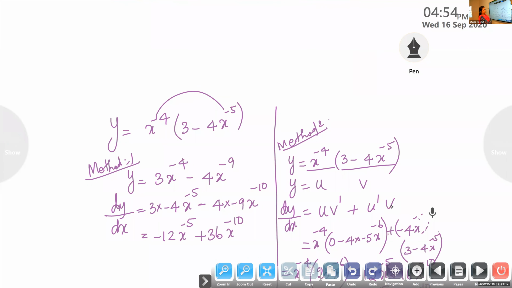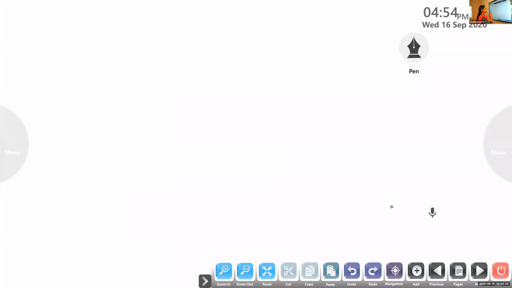In both the cases you will get the same answer. For the exam, I feel the first method is easy. So the method which one you feel easy, select that method and solve it. Now next one.